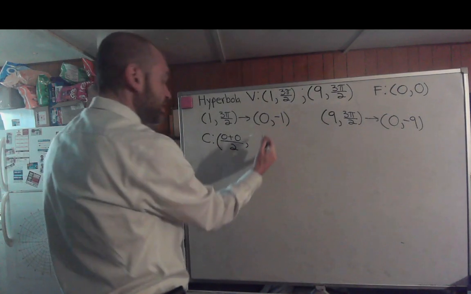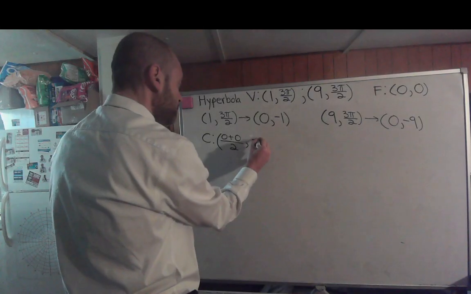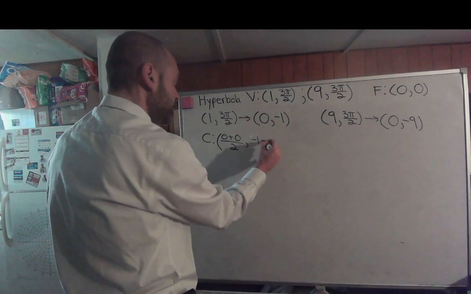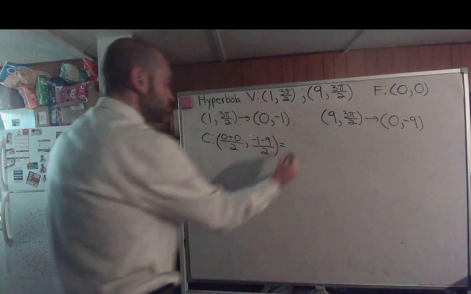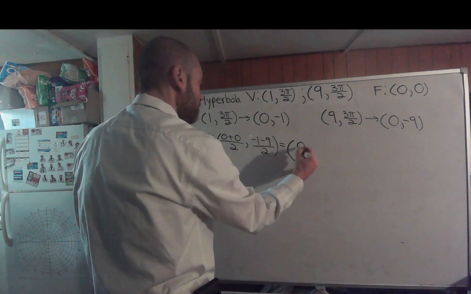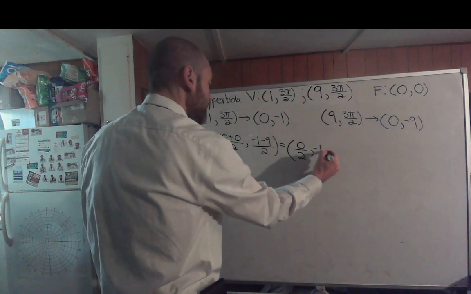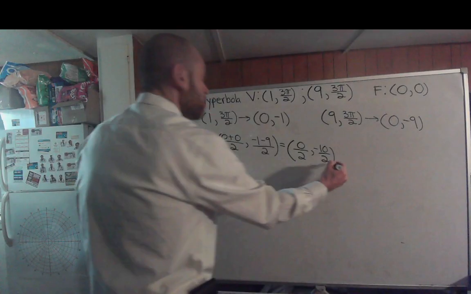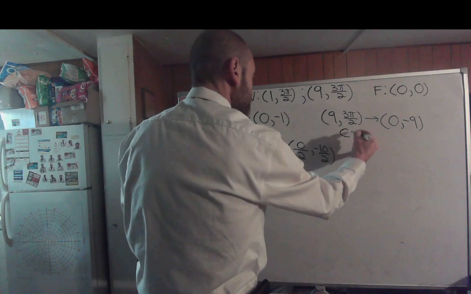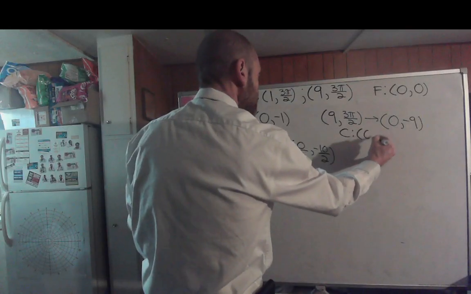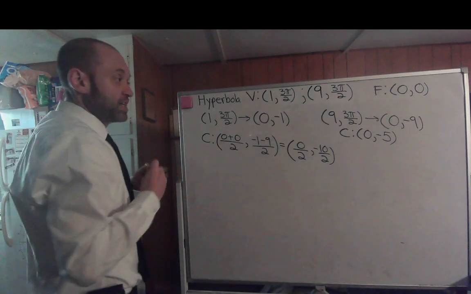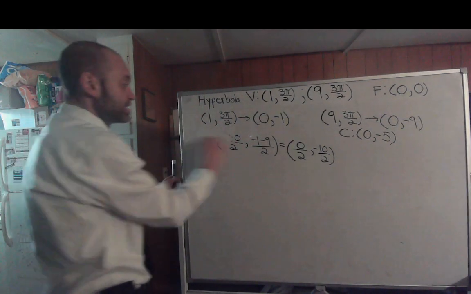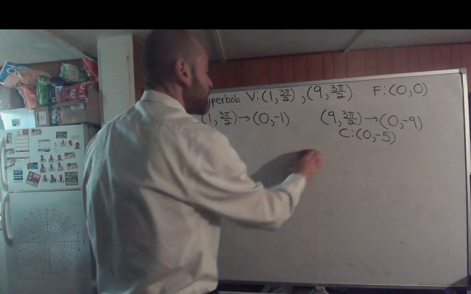Then we have a y1 of -1 plus a y2 of -9, so -1 minus 9 over 2. That turns into 0 over 2, -10 over 2, which means the center of this hyperbola is at (0, -5).